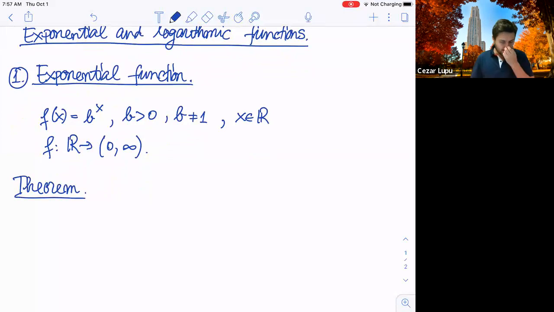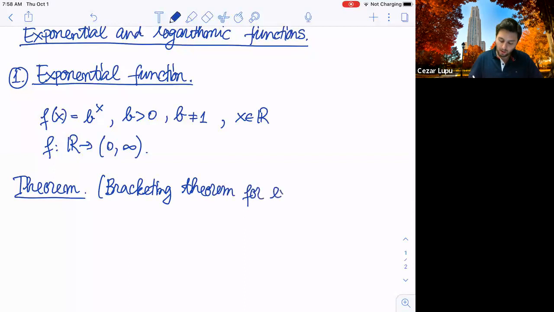We'll call this theorem the bracketing theorem for exponents. Now the theorem states the following.